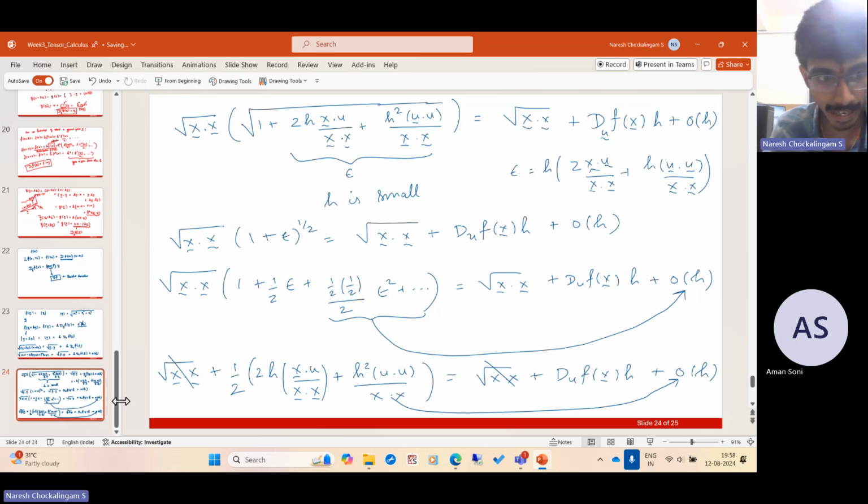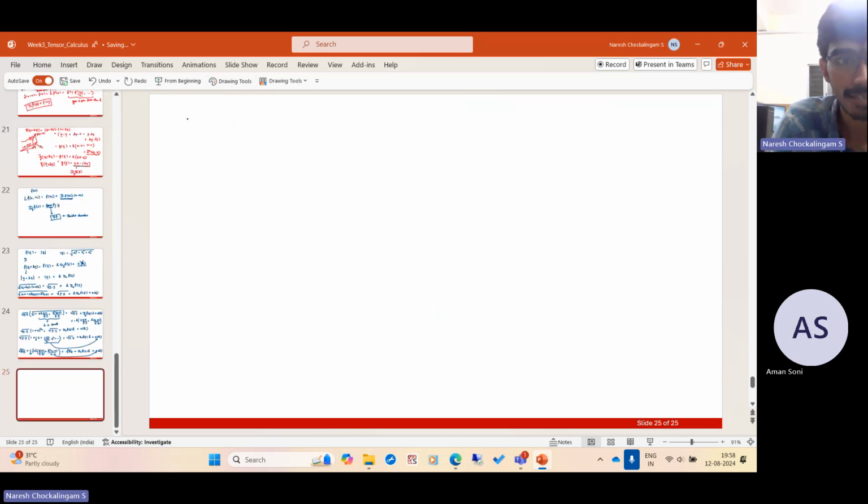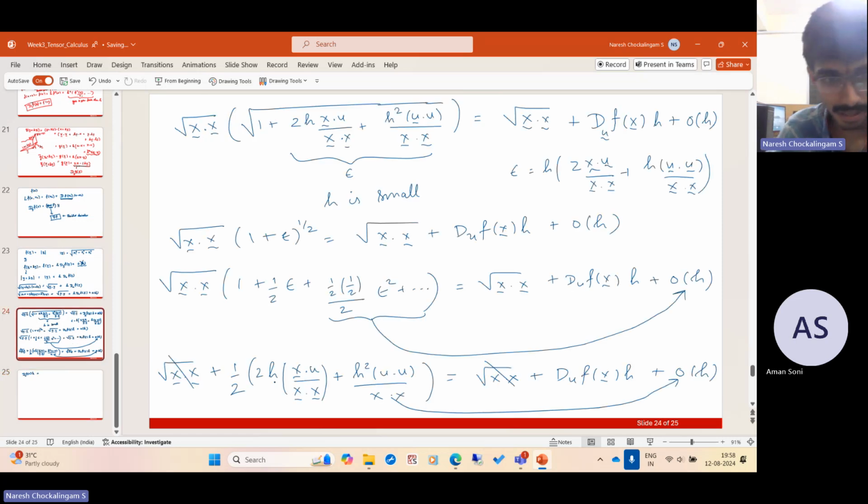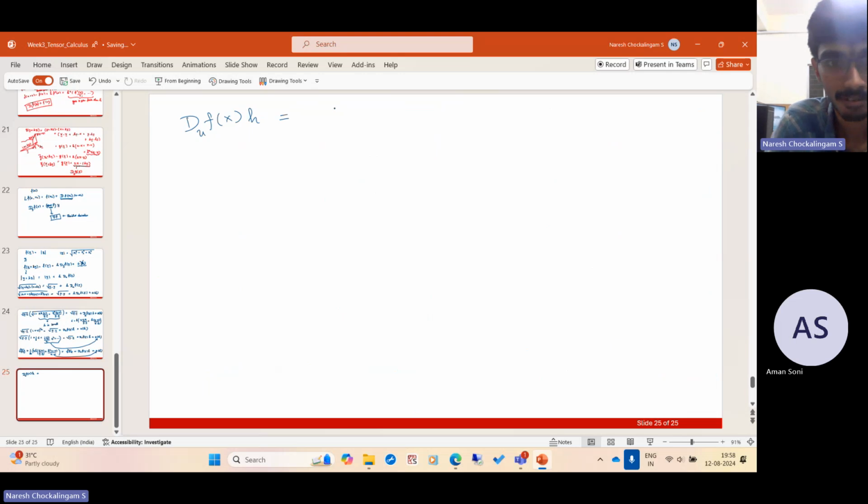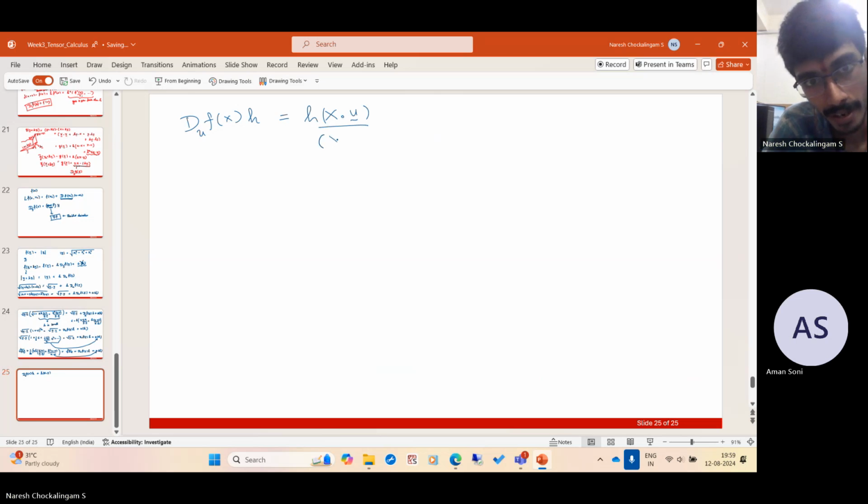So you're left with, compare these two. You get the directional derivative of f of x in the direction u multiplied by h is equal to, this half and 2 get cancelled, h x dot u by x dot x. Now, h is not equal to 0, so we are not exactly looking at that point. We are letting h approach 0, but not exactly at that. So h can be cancelled on both sides.